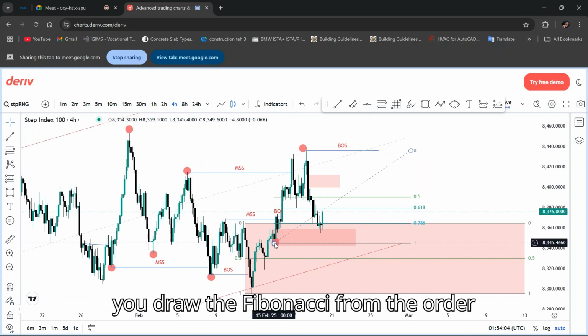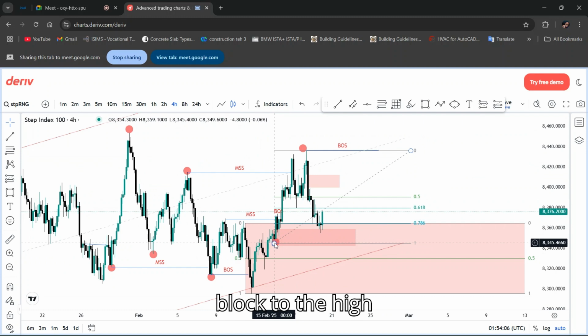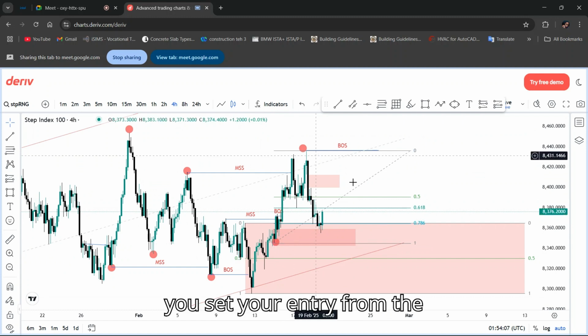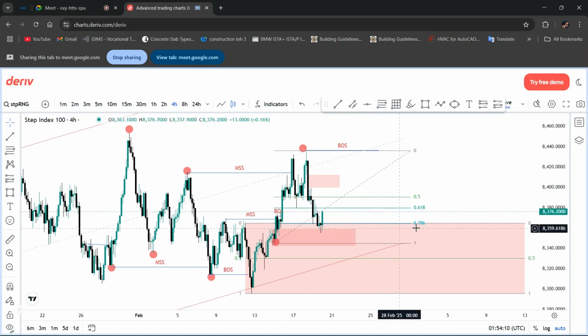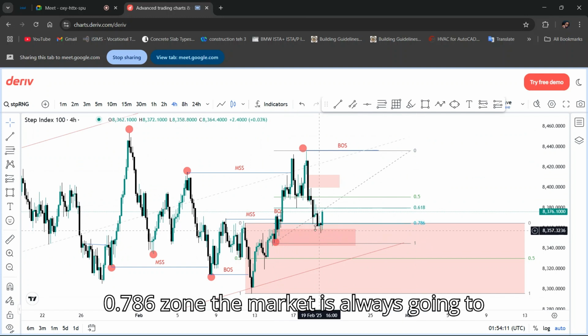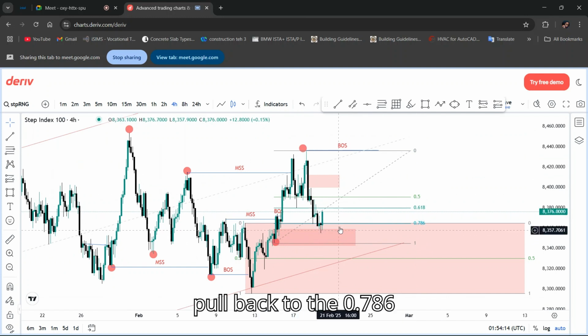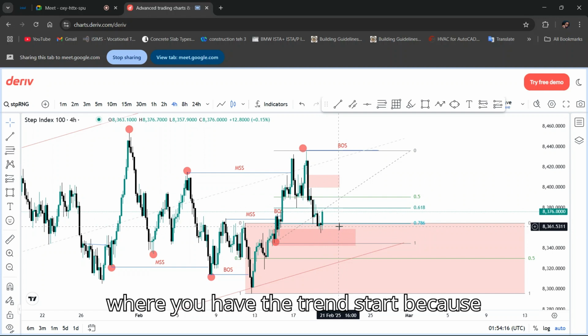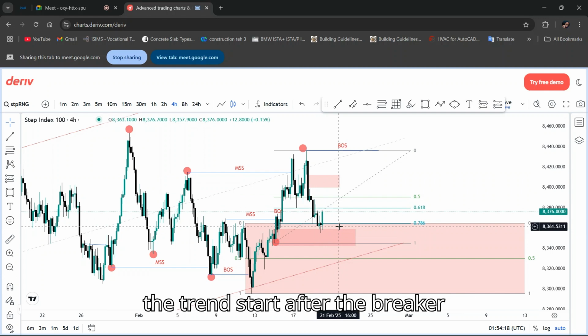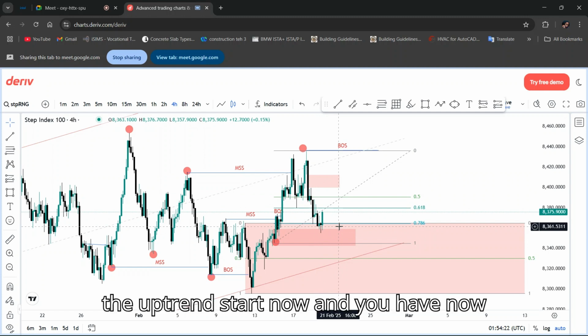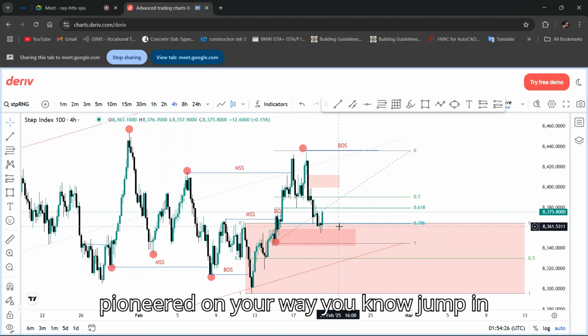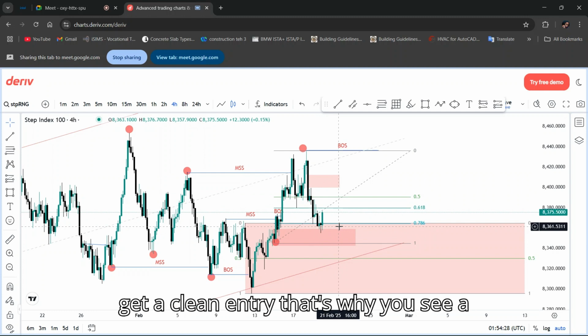You draw the Fibonacci level here, from the order block to the high, and you set your entry at the 0.786 zone. The market is always going to pull back to the 0.786 where you have the trend start, because the trend starts after the breaker structure. This confirms the uptrend has started, and you jump in and get a clean entry.